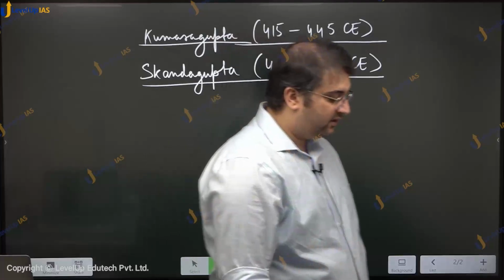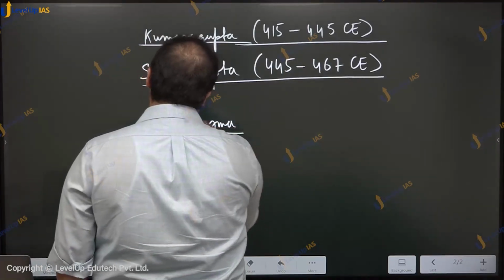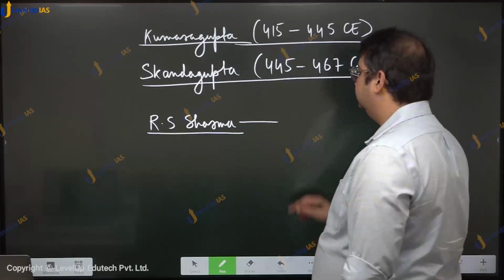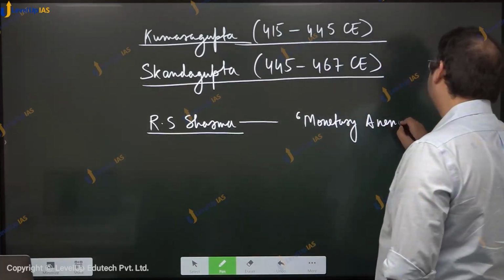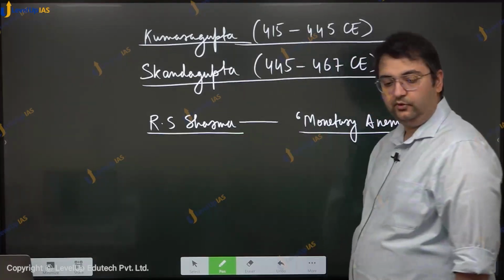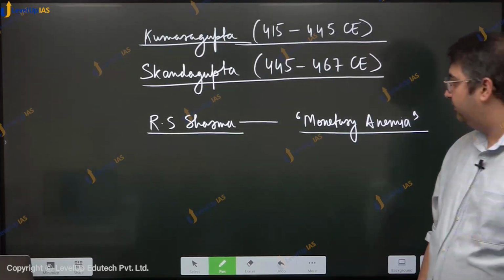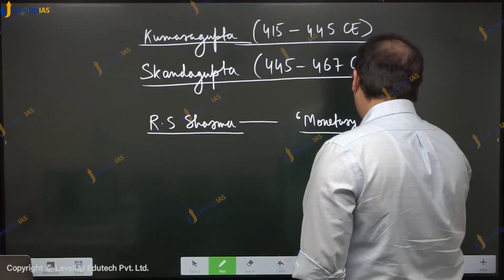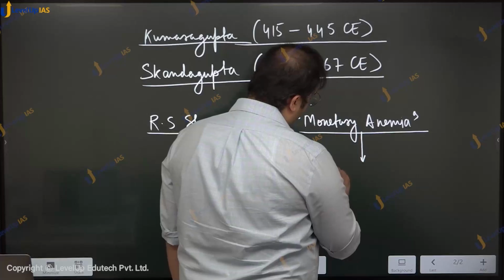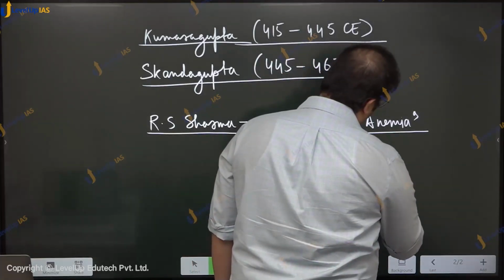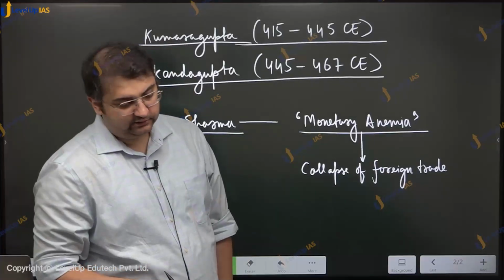Next sub point. R.S. Sharma has linked the phenomena of monetary anemia, that is monetary anemia का मतलब shortage of currency. ठीक है, लिखो shortage of metallic currency with the collapse of foreign trade. The terminology he uses is long distance trade, not foreign trade. So if you want, you can use that also.